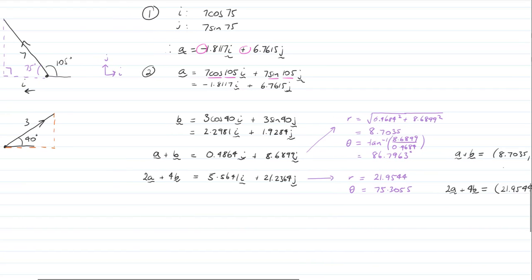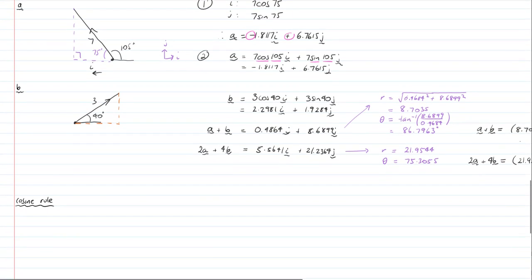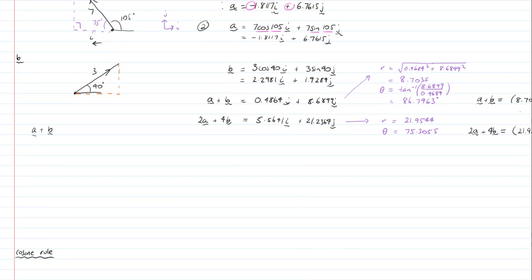Now I wouldn't mind just finishing this part off by considering this diagram as a whole. I'll probably only worry about the A plus B, but we'll do a rough drawing of 2A plus 4B. The A plus B starts down here, moves up 7 in that direction, and then moves along 3 in that direction.